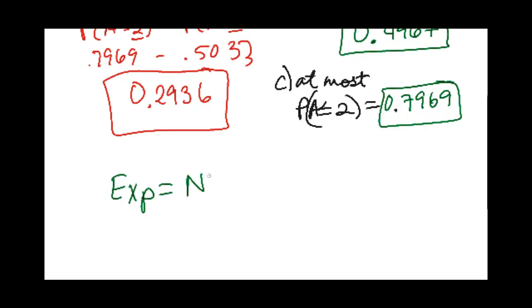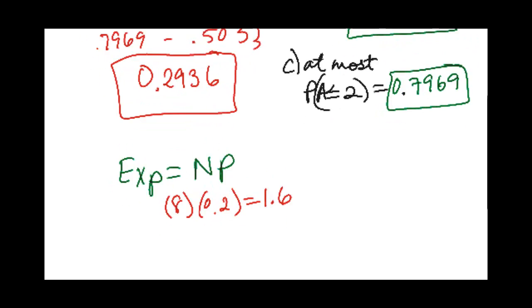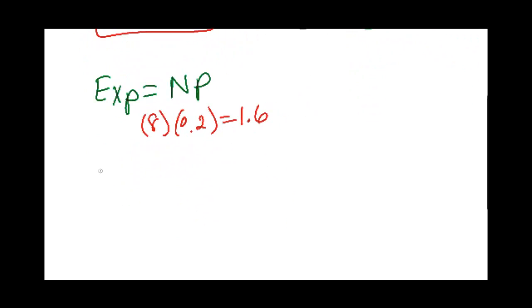Real quick, let's just do the expectation and the variance. Expectation is n times p, where n is 8 and the probability was 0.2, so out of the 8 people, 1.6 people are expected to get an A. For the variance, it's npq.